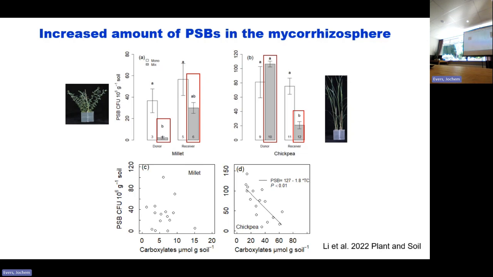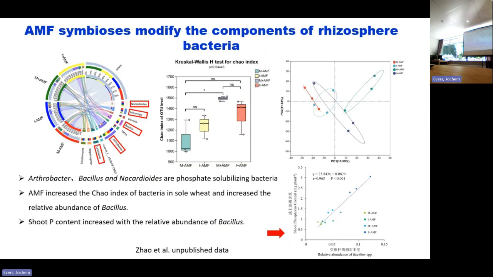And here we determined more phosphorus solubilizing bacteria in the rhizosphere. So we think that not only the mycorrhizal fungi, but also some bacteria played a role.